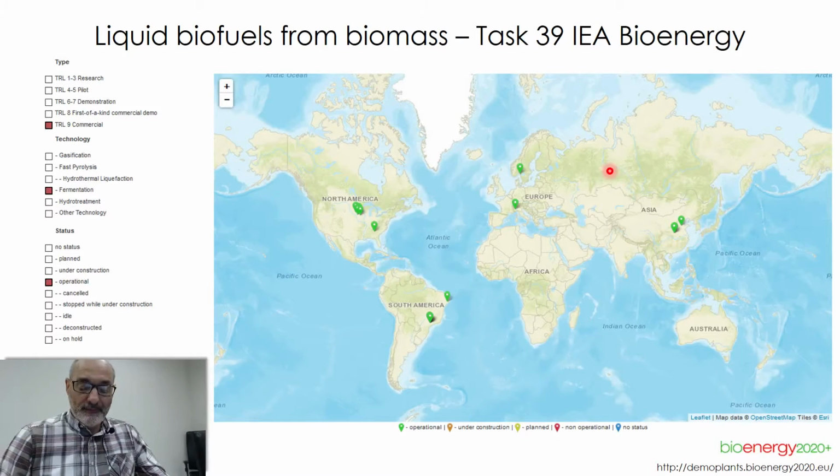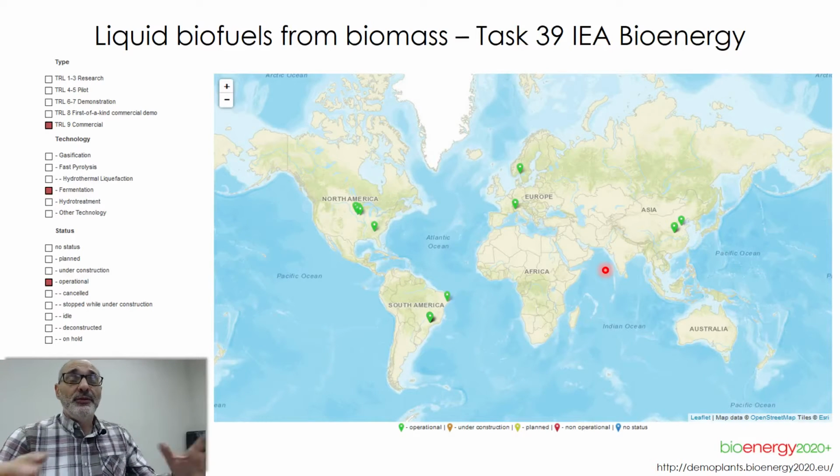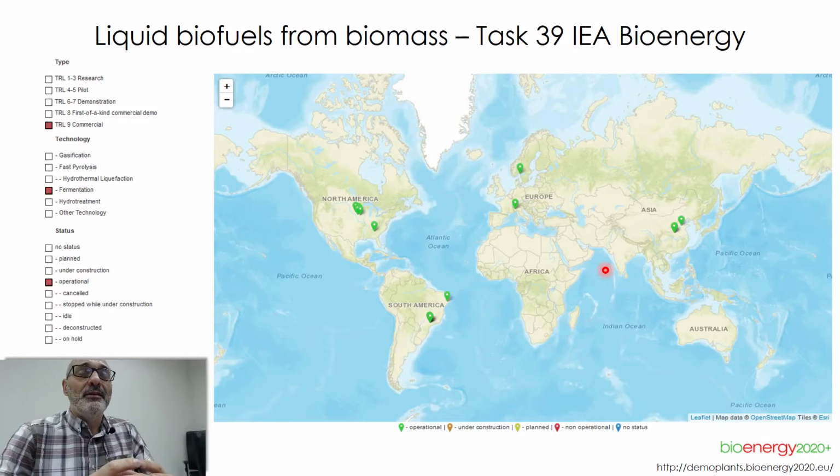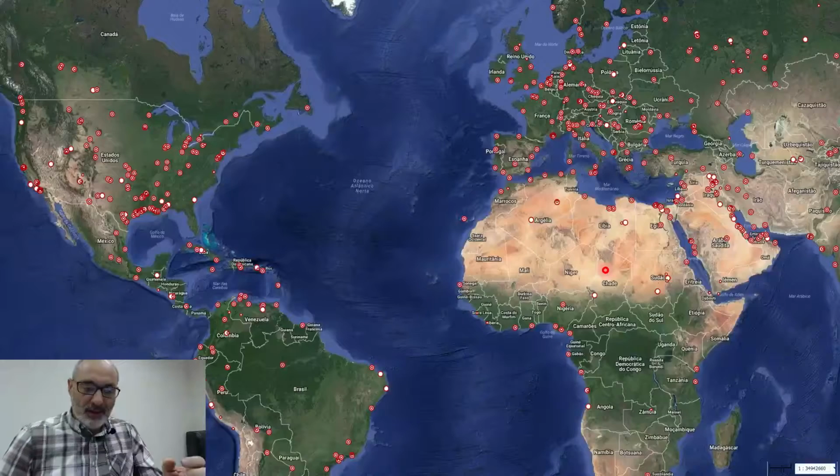So as far as the second generation pathway is concerned, we have, roughly speaking, 10 units of considerable scale operating in the world. Just for you to have an idea of how that compares to the thermochemical pathway, which is a lot older than this technology.